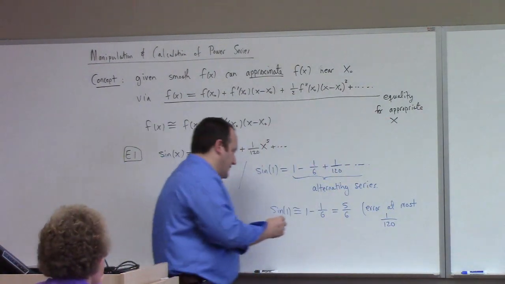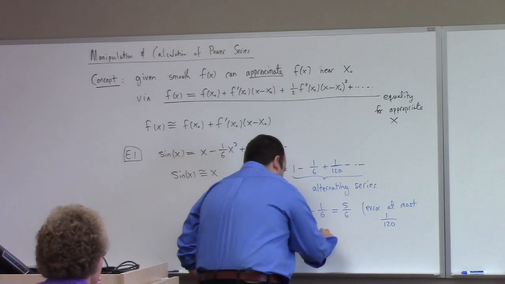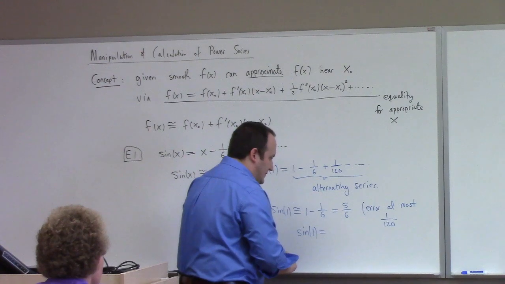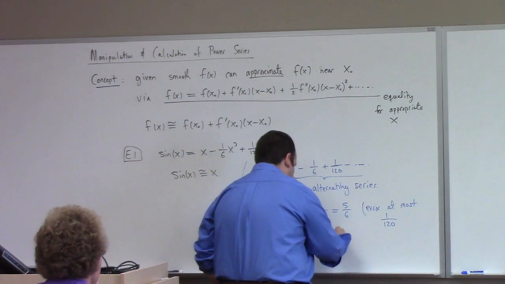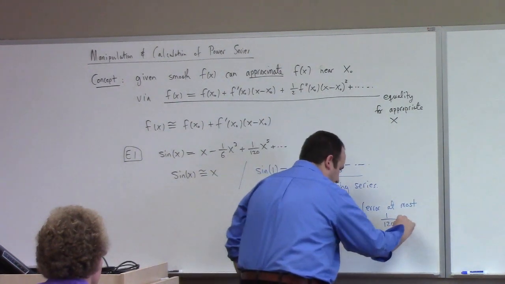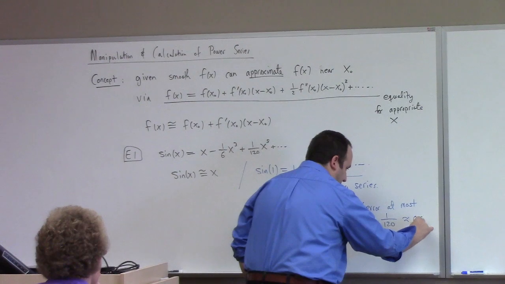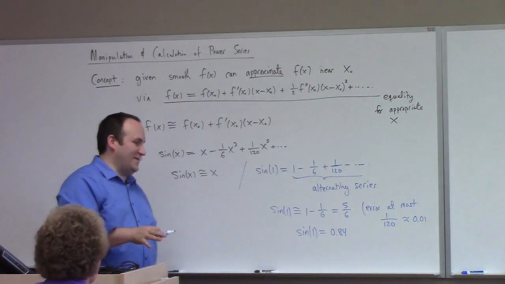So to the limits of my on-the-fly arithmetic, 5/6 is like 0.84-ish? Actually, the ish kind of matters, because this is about 0.01, right? So it kind of matters the part I can't remember.